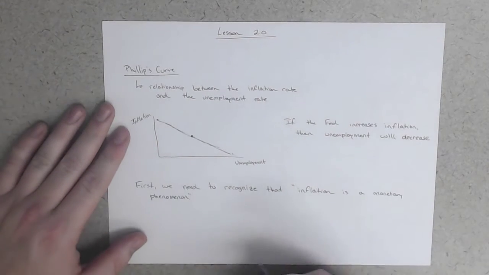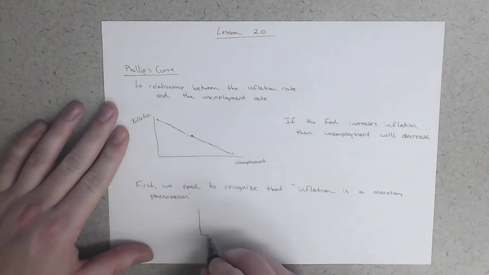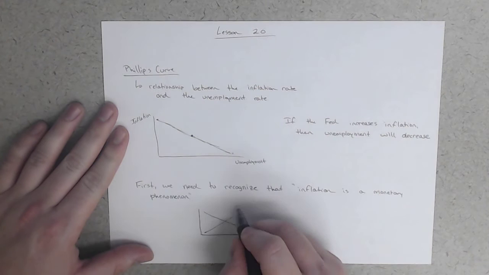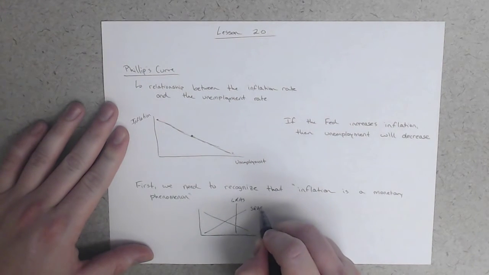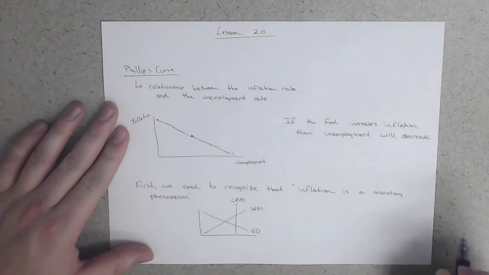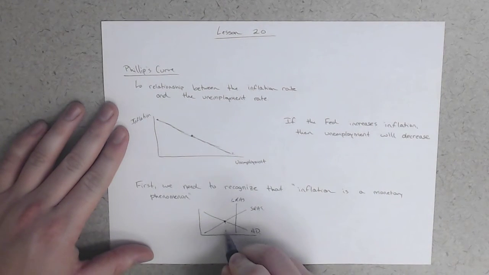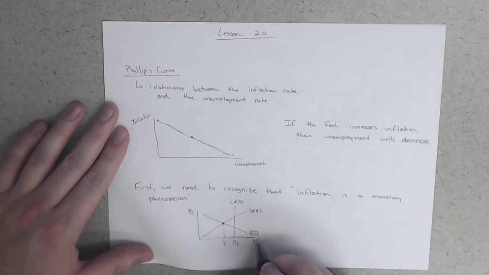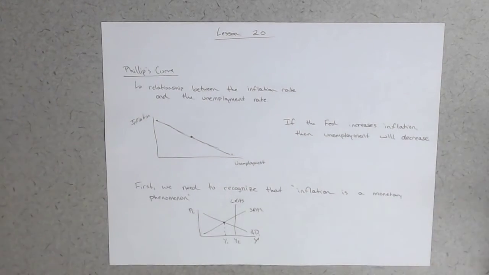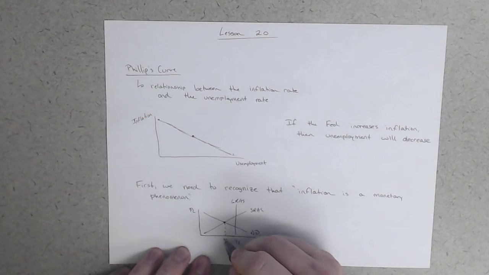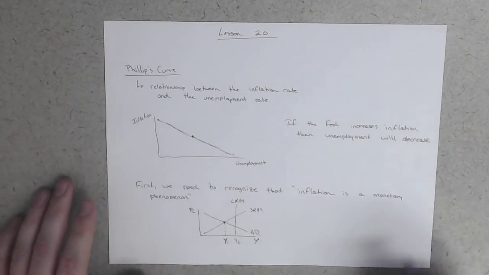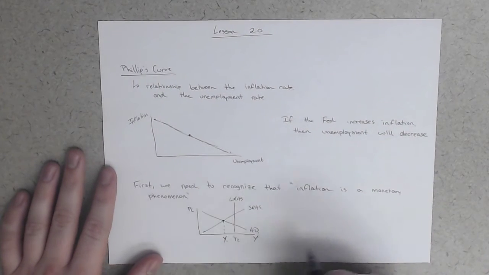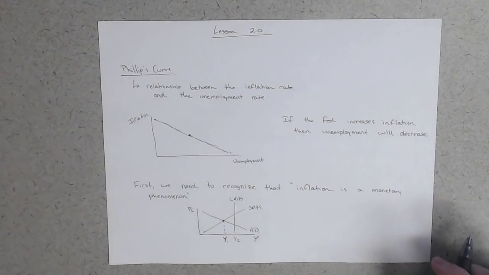And this just comes straight from our aggregate demand, aggregate supply model. So if we are in a bust, the unemployment rate is going to be high, or at least higher than the natural rate, because we are producing less than we could.